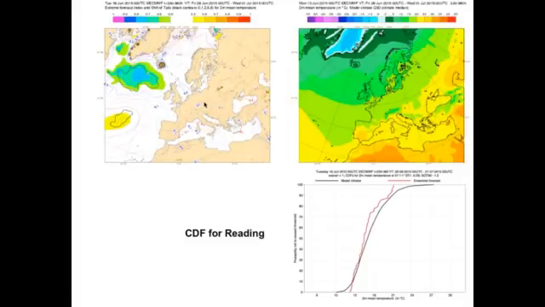That's what we expect for the next week, and also for the week after. And the CDF here for Reading, I plotted, and it shows the whole forecast distribution in red. So we can see that the forecast is not far from the model climate, but we can see this slight shift towards cooler temperatures.